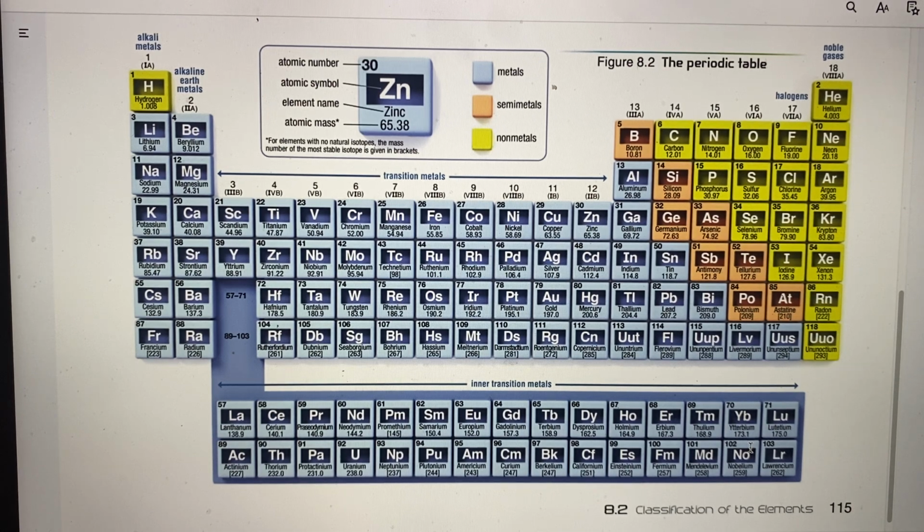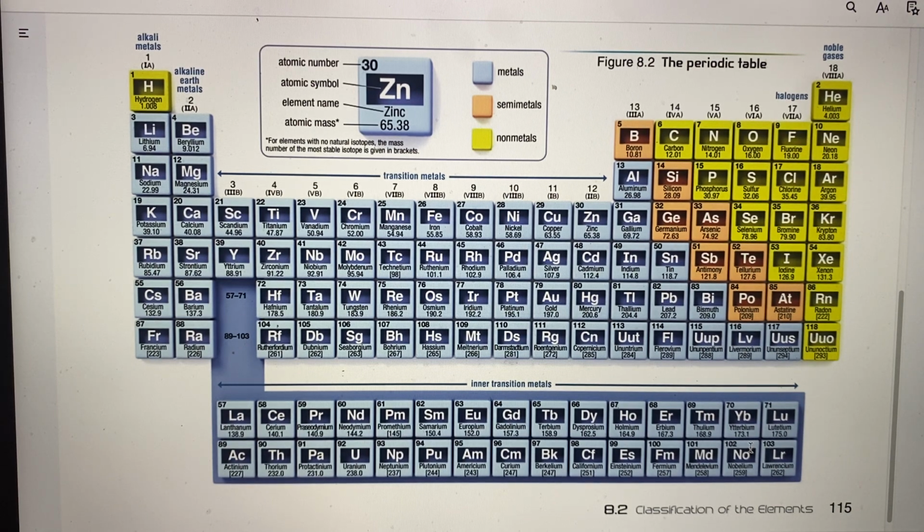Halogens means Greek for salt, because they form salt when they combine. The compounds are naturally with ions too. So they combine a lot with these over here, easily combining. So these are called halogens.